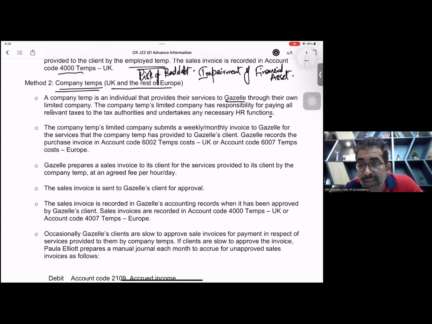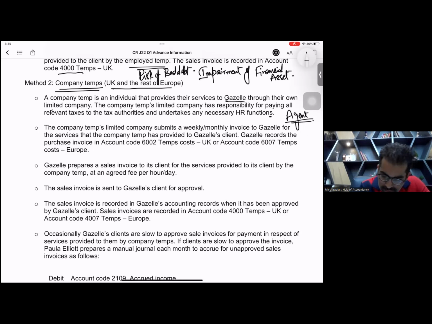So I think we are working as an agent now. And in your basic studies, you have studied that an agent can't book the complete transaction in their own books. An agent can only book commission, the net benefit.